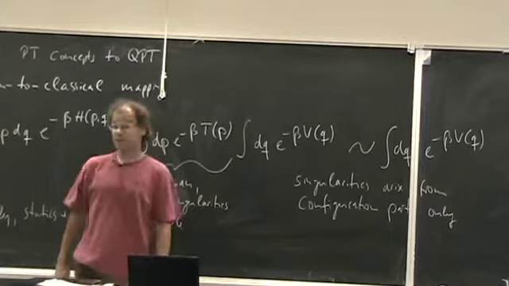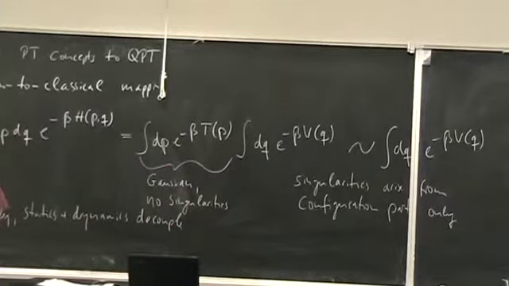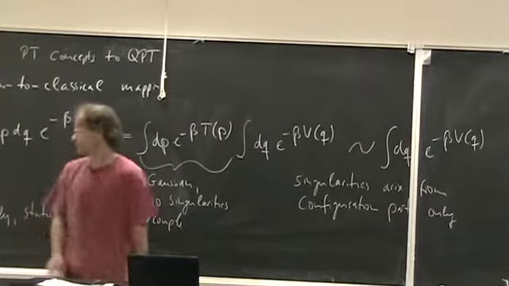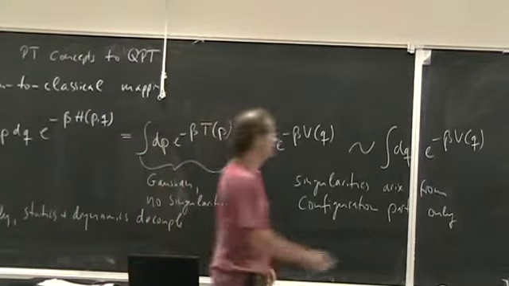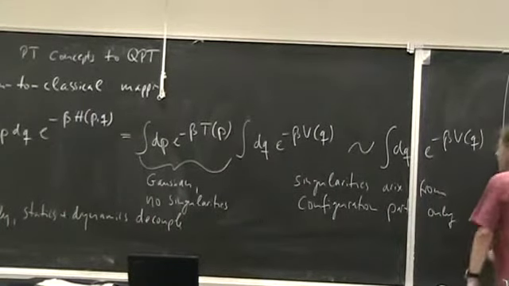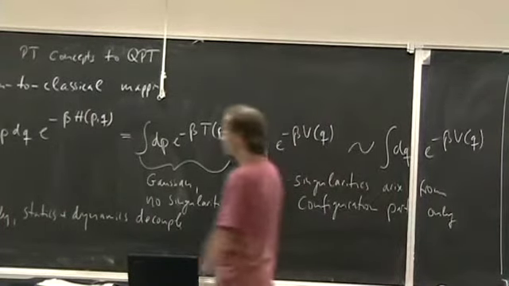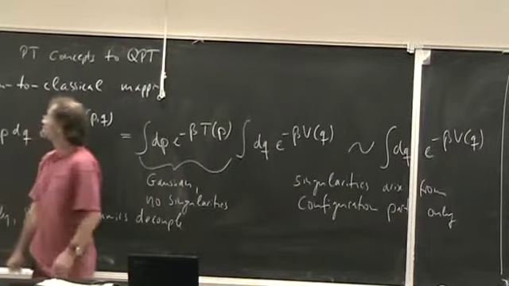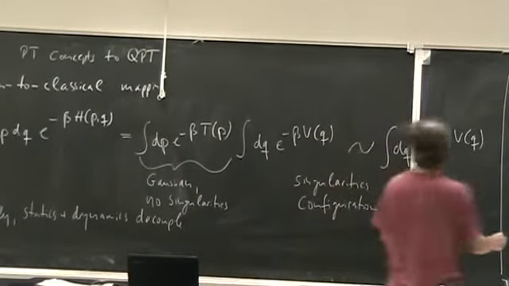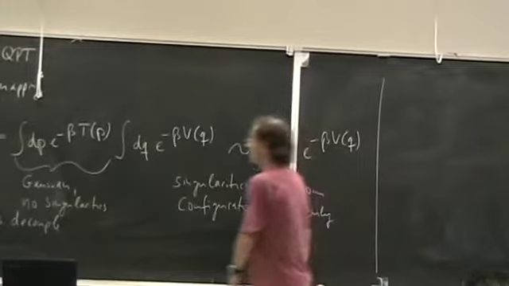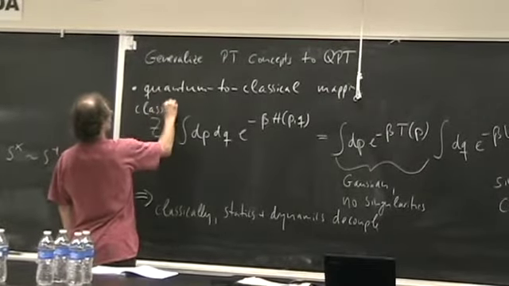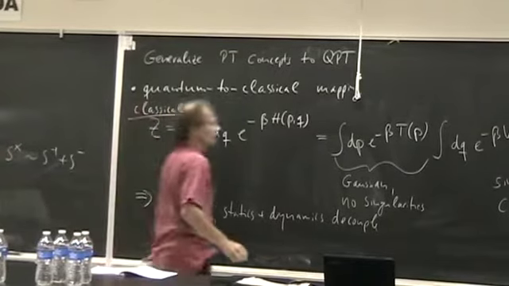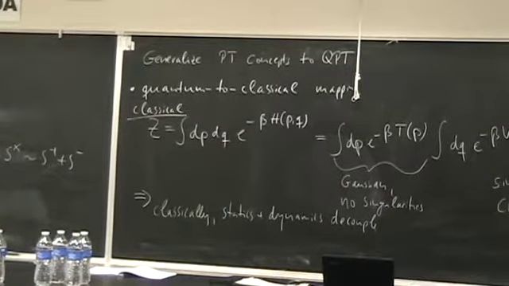Okay, so now let's try to do the same thing for a quantum phase transition. So we can do the same thing. We start from a partition function. That's the classical case here. Let's look at the quantum case.